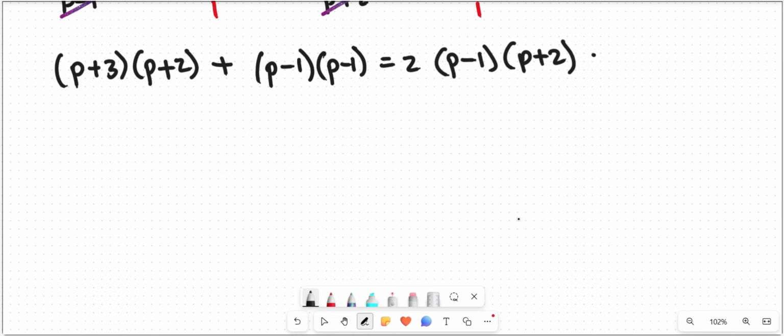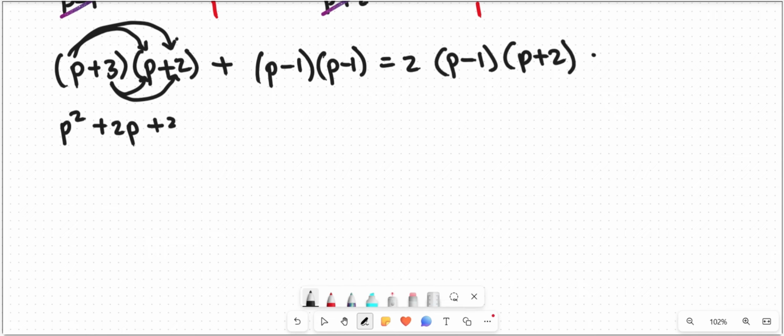So at this point, I hope it's making sense. What we need to do now is FOIL these brackets. FOIL, remember, first, outers, inners, and lasts. So P times P is a P squared. P times 2 is a 2P. The 3 and the P is a 3P. And the 3 and the 2 is a 6.